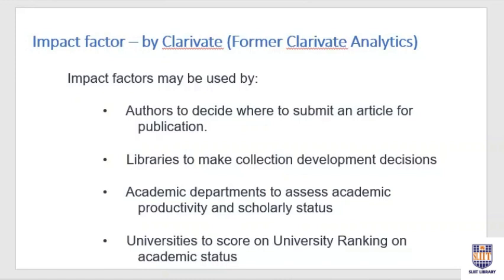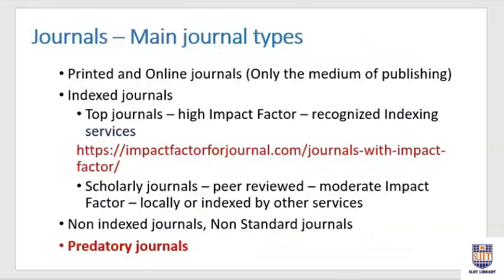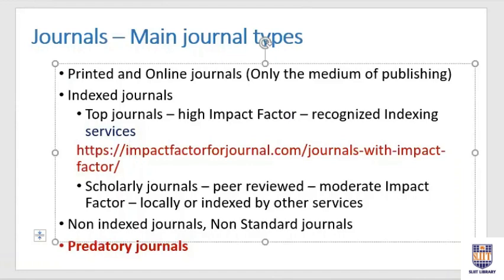Authors can decide by going on the web. In the link I have given above is the impact factor. Then you can see, the higher the impact factor, the higher the reputation of that particular journal. The list is here in this link.